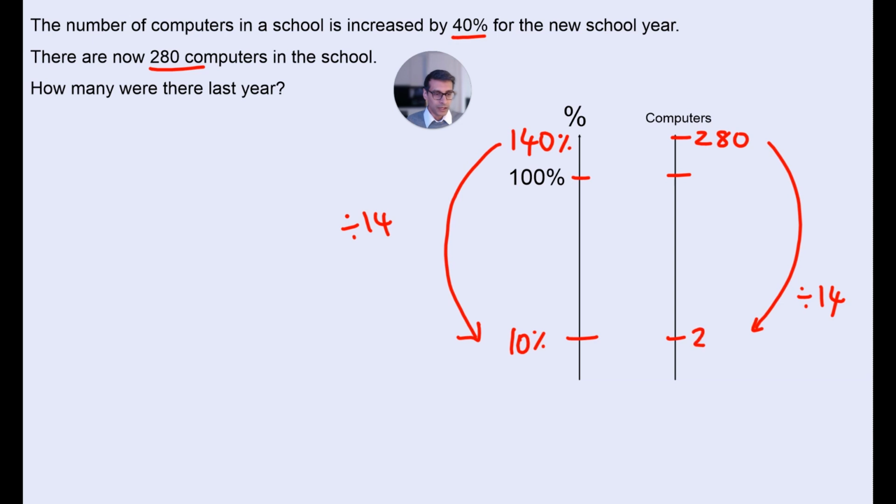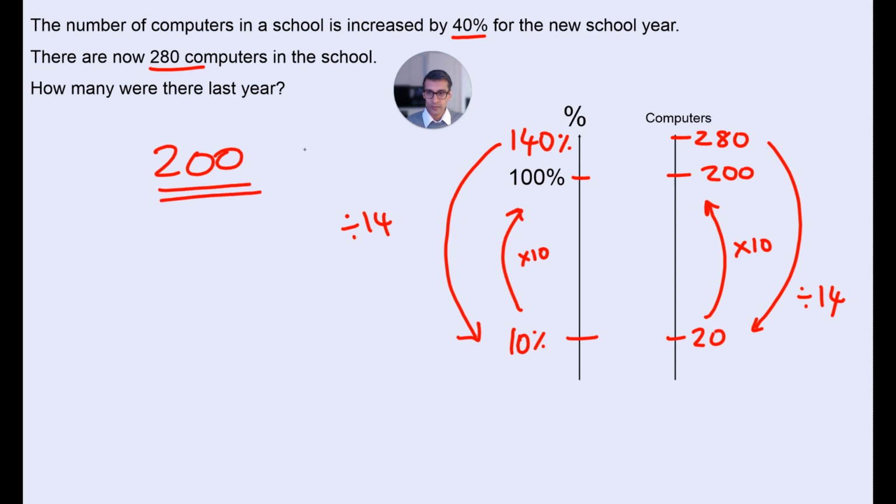So we're going to write that here. And then we're going to go straight up to 100. So times 10. 20 times 10 is 200. So originally you had 200 computers. A 40% increase is 280. There's our answer. So last year there were 200 computers.